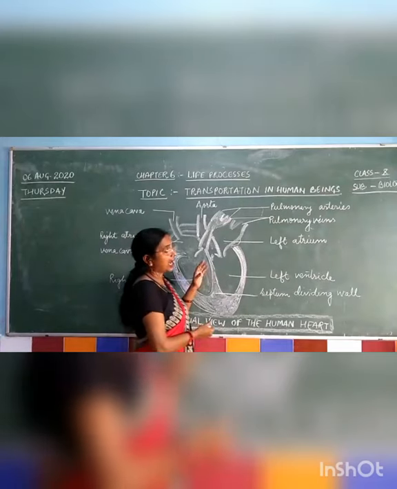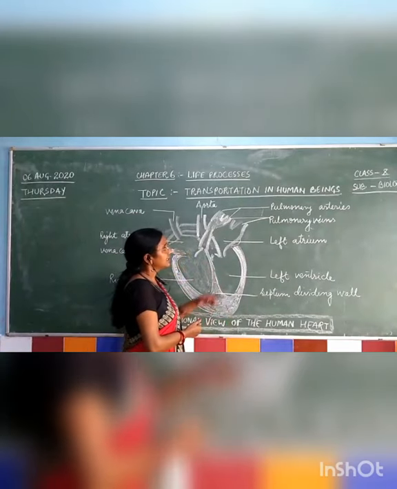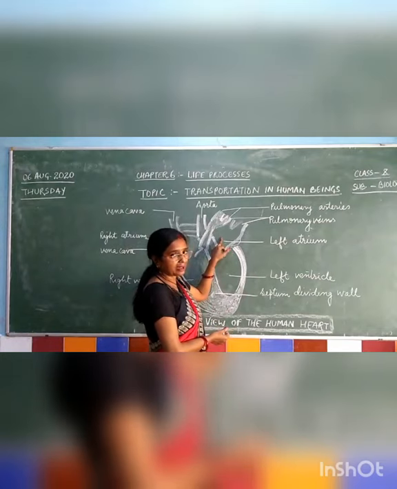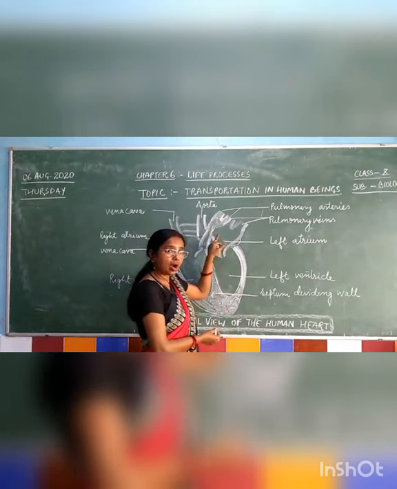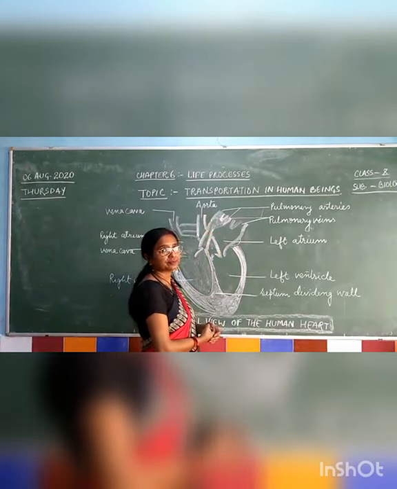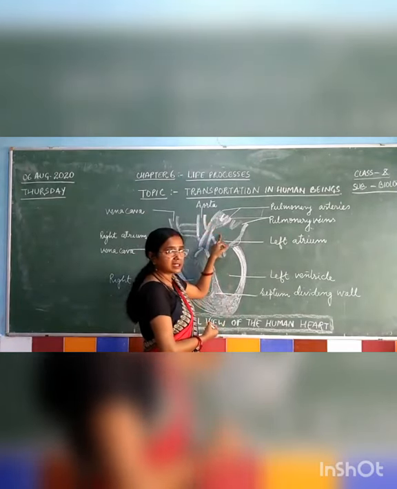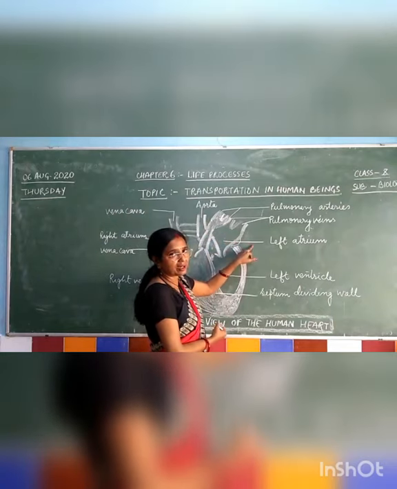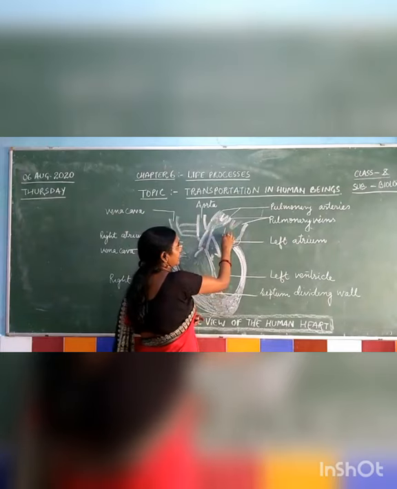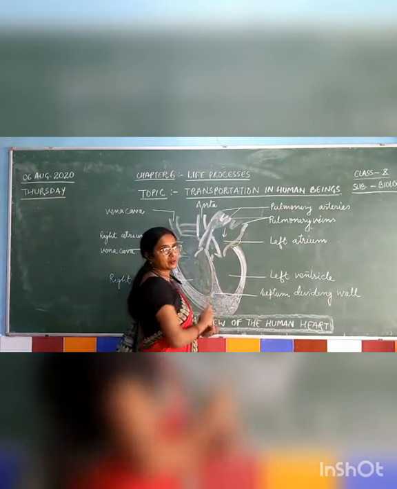Let's start how this function takes place. This is the left atrium. This left atrium collects the oxygenated blood from the lungs. Lungs give oxygenated blood to the left atrium. As soon as it gets the blood, it expands.